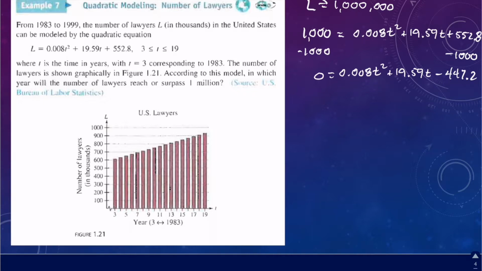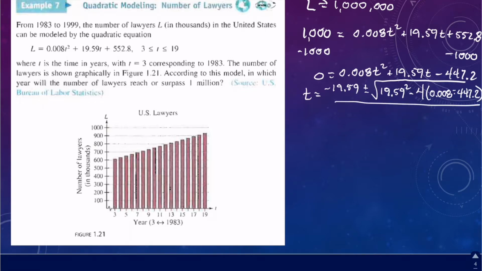In this case, it's t, so we'll say t is equal to the opposite of b plus or minus radical b squared minus 4ac, let's see, times negative 447.2, all over 2a.